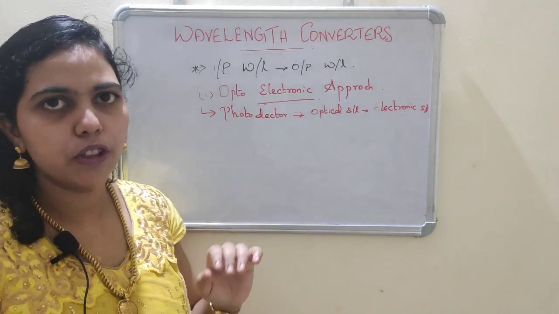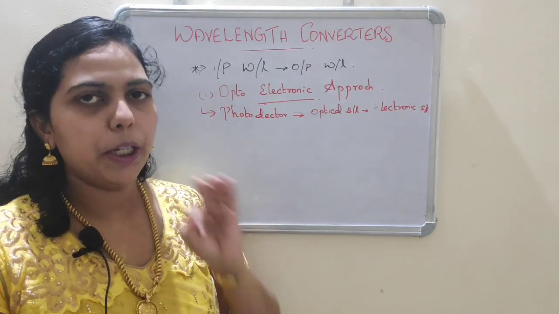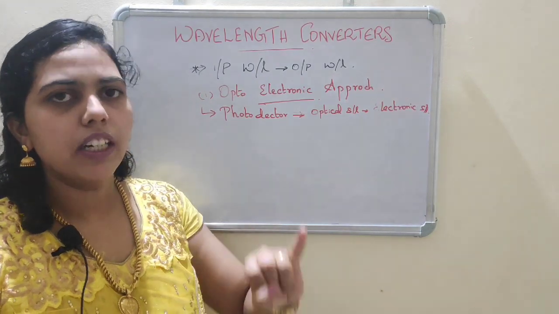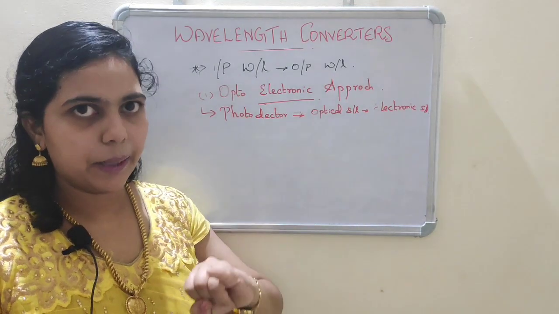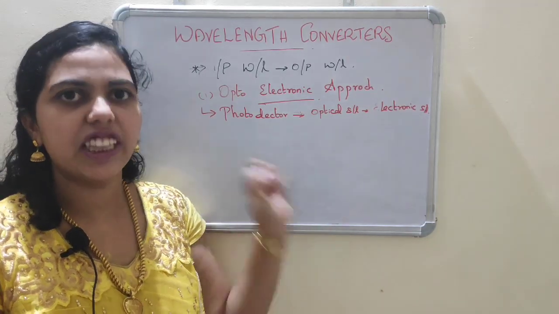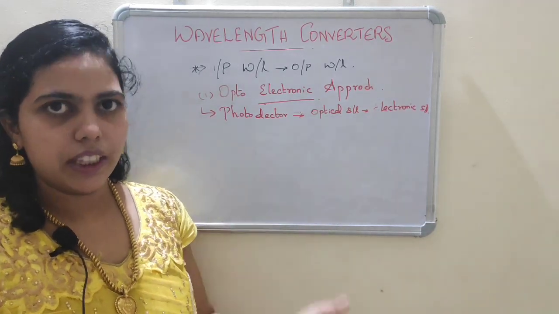Here we are going to discuss 3 main types of optoelectronic approach. First one is without reshaping and retiming, second one is with reshaping and without retiming, and third one is with reshaping and with retiming.